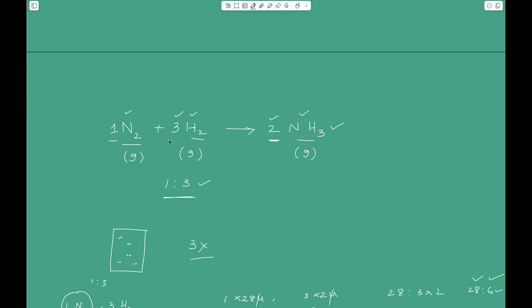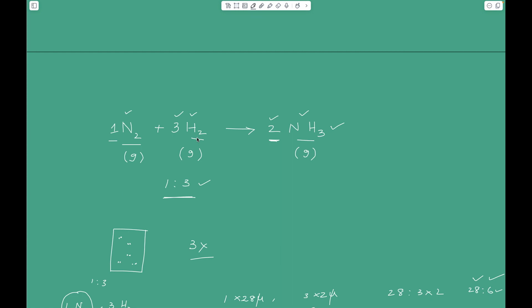From the balanced chemical equation, you can figure out the ratio of the number of particles that are completely combining with one another. And if you ensure that the particles are in that ratio in the samples that you are combining with one another, then there will be no wastages.